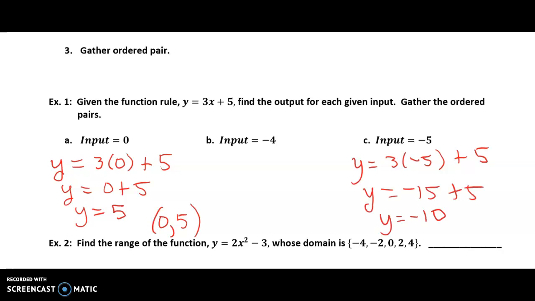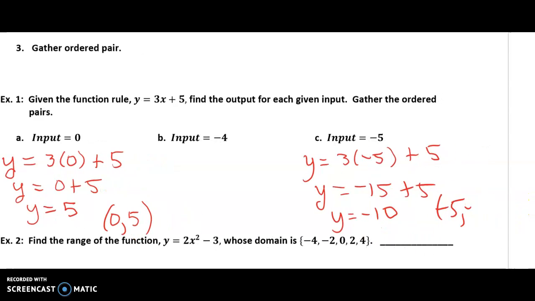There's our output value. The last thing we need to do is gather up our ordered pair. Our input value was -5. Our output value is -10. So -5, -10 is our ordered pair.